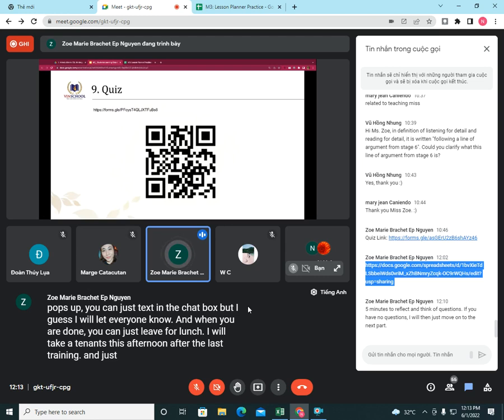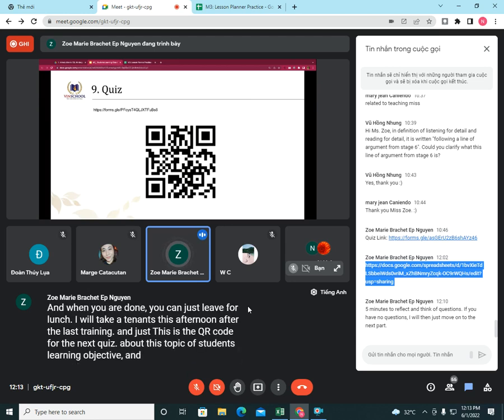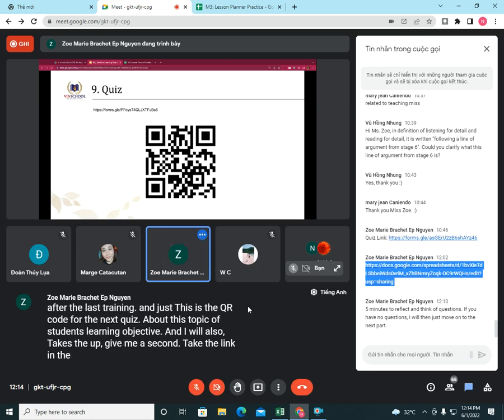This is the QR code for the next quiz about this topic of student learning objective. And I will also text the link in the chat box.